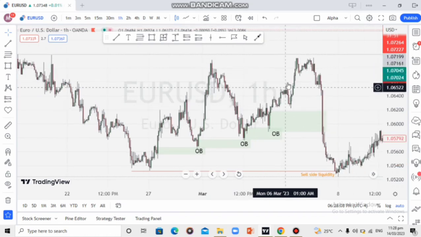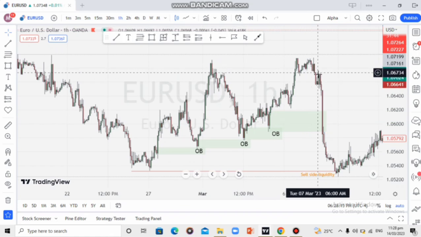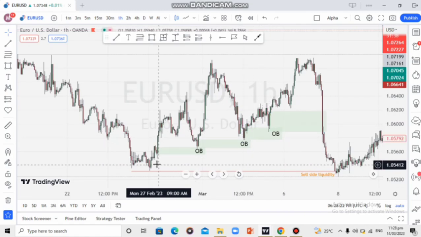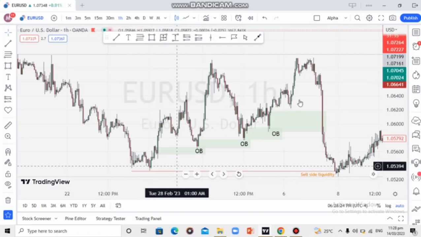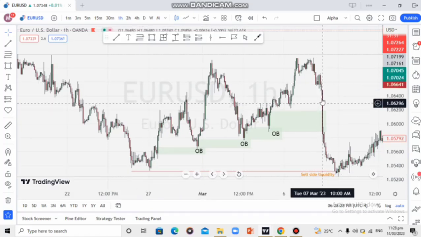As price took out this buy side, this right here is the supposed order block, but because we are now moving to take out the stops below this low, and then this low, eventually all these lows, price quickly violated it. This was during news. I can't remember which one to be specific, but this is the result of news.